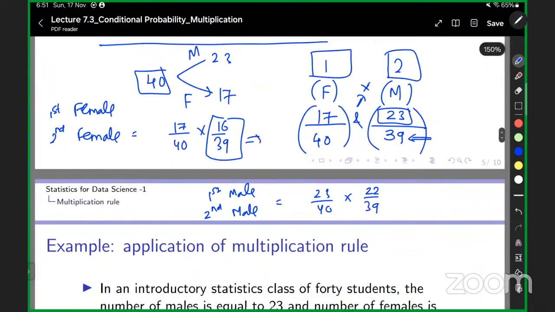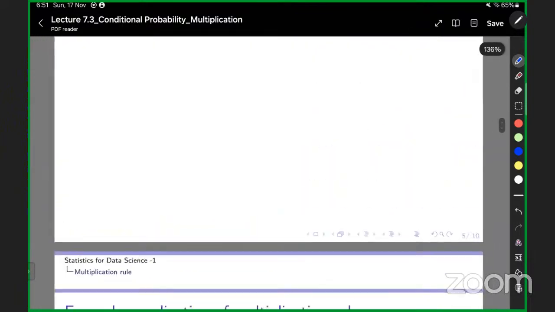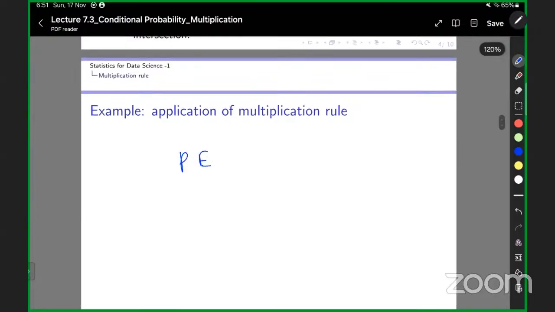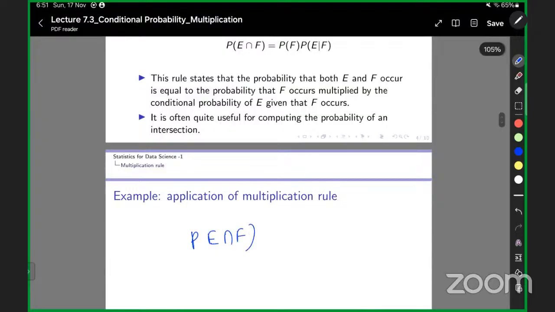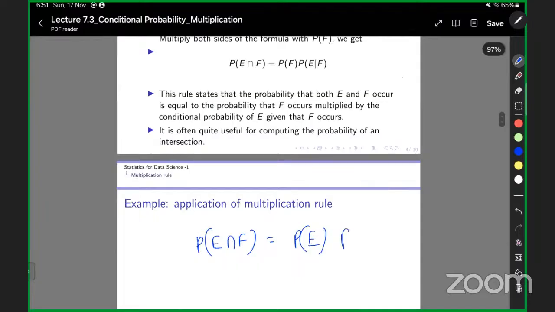Multiplication rule, how it happens: P of E intersection F is equal to P of F, let's say we'll go with this only, times P of E given F. So given F has happened, you want to figure it out.